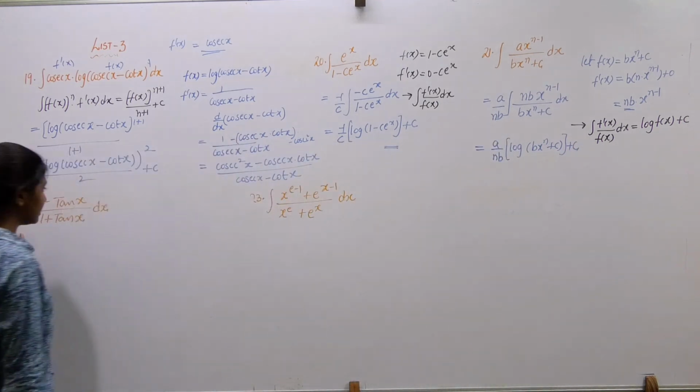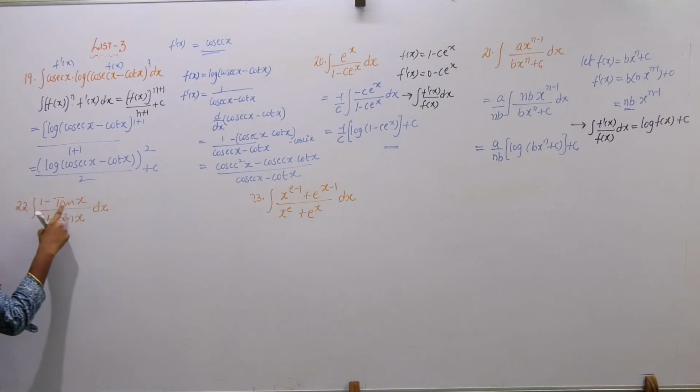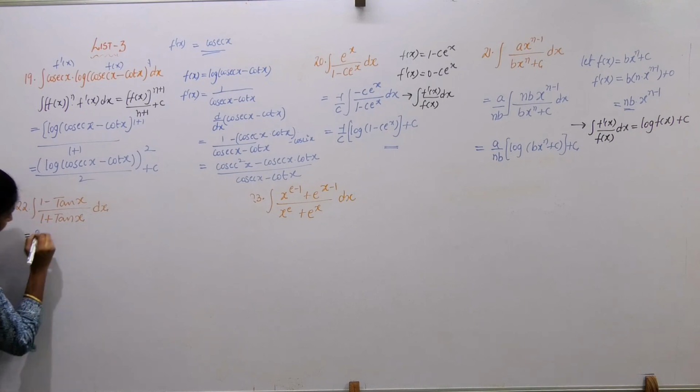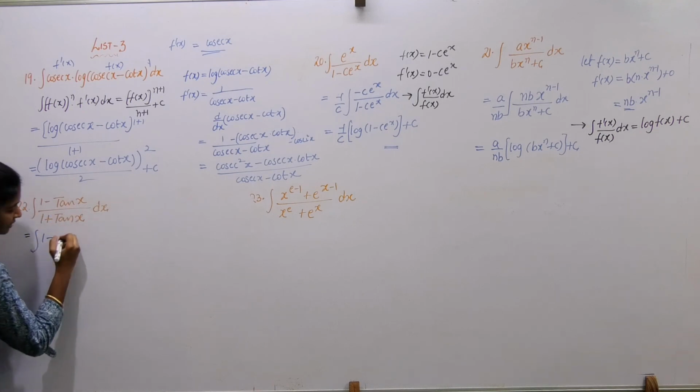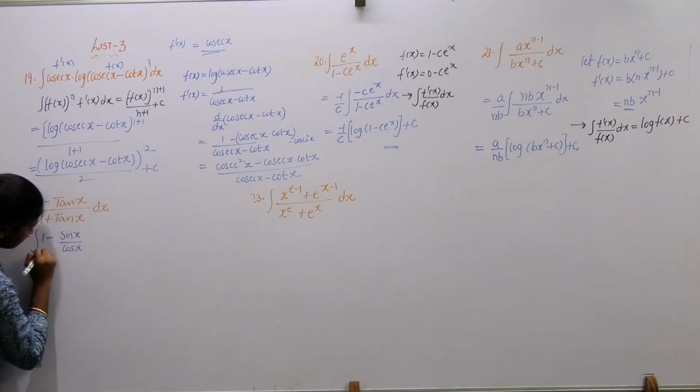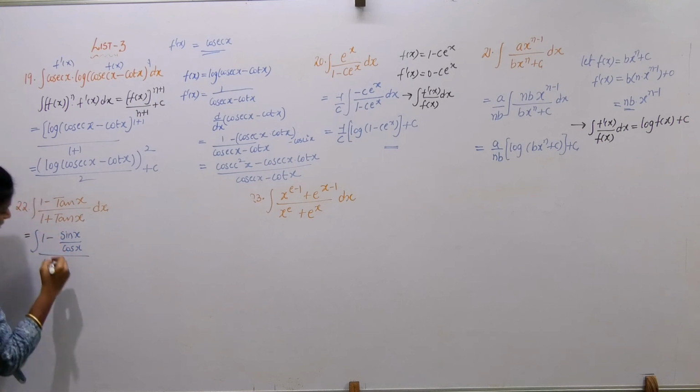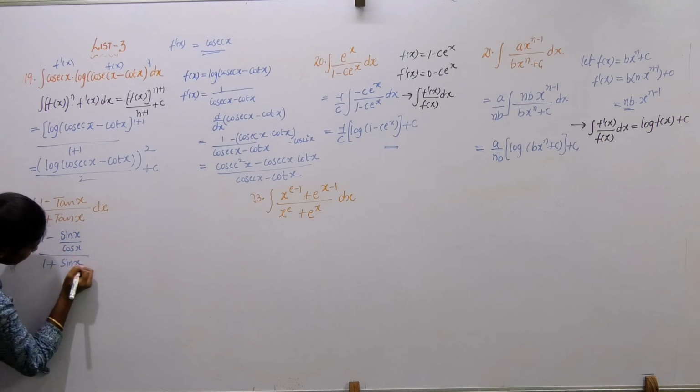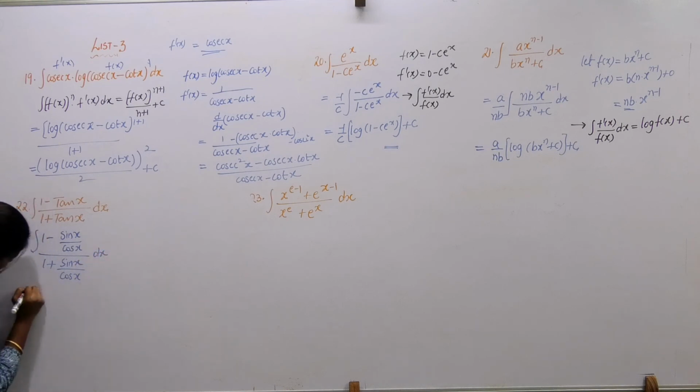Next, the 22nd one: integral of (1 minus tan x) by (1 plus tan x) dx. To solve this, we write tan x as sin x by cos x. So we get (1 minus sin x by cos x) by (1 plus sin x by cos x) dx.